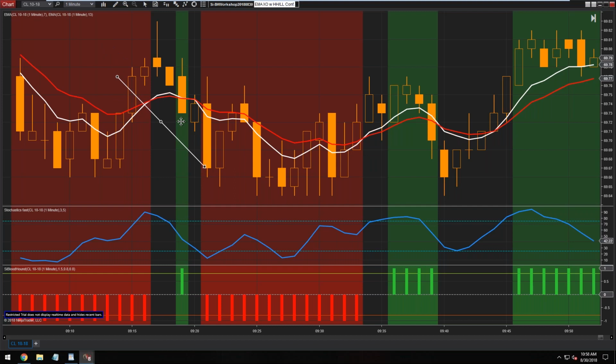And let's check this EMA cross up here. Yeah, so this is the first bar after the cross up. It has a higher high. And then here's our second bar with a higher high. All right, and there you go. And the EMAs are still crossed up.